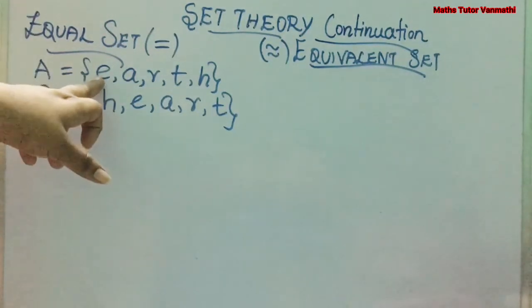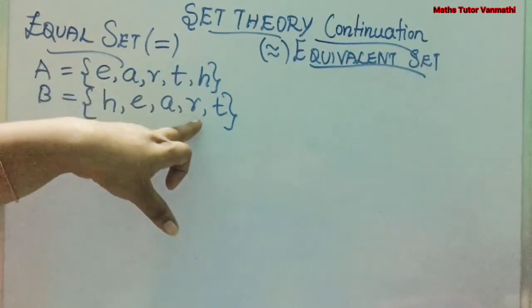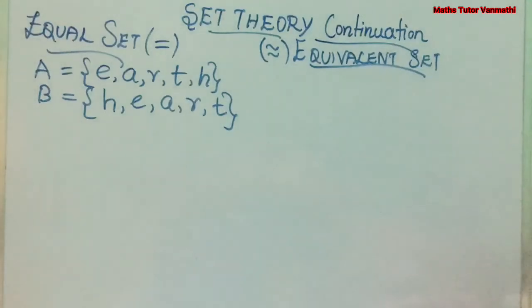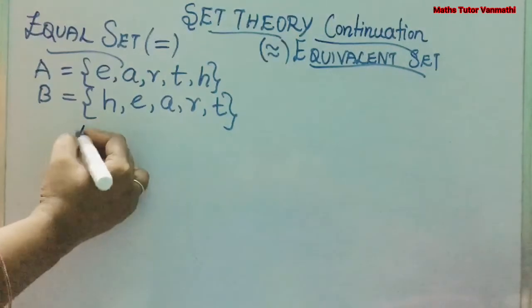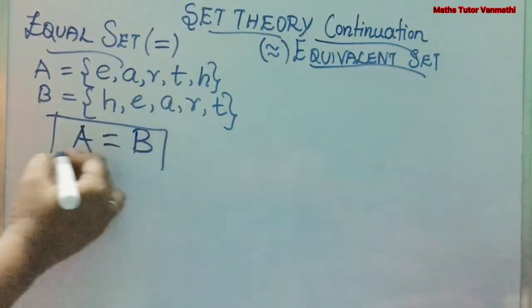You see here you have E, A, R, T, H in both. So in these two sets the number of elements is the same and the letters in the two sets are also the same. So this is called equal sets. Set A is equal to set B.